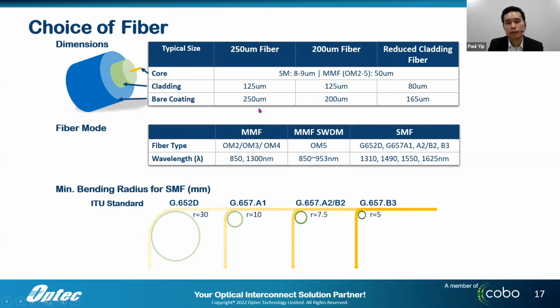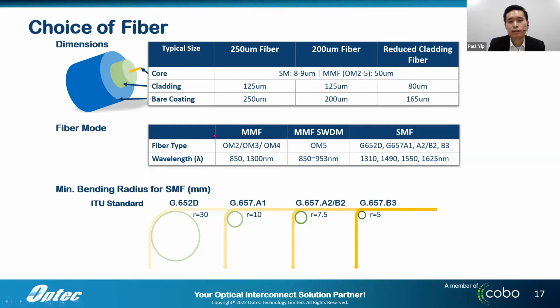So just a little bit of fiber introduction here. I know for CPO applications, it's more single mode fiber being used in the market right now. So we can choose from various types of claddings, so that it gives a smaller and smaller fiber OD, which means higher and higher density.